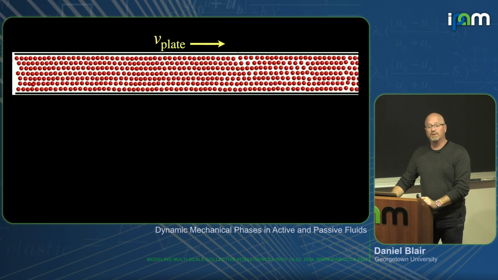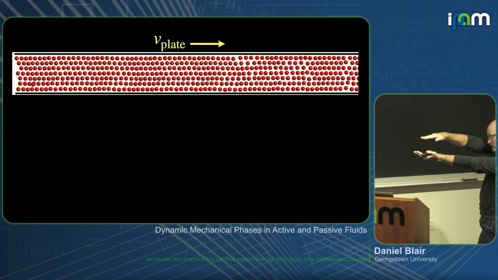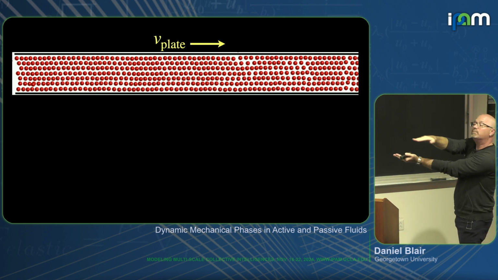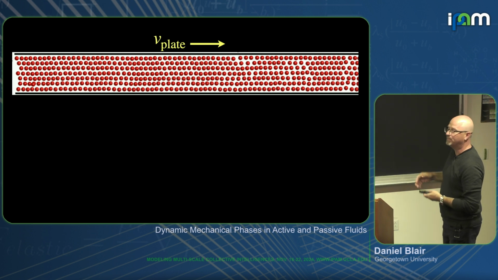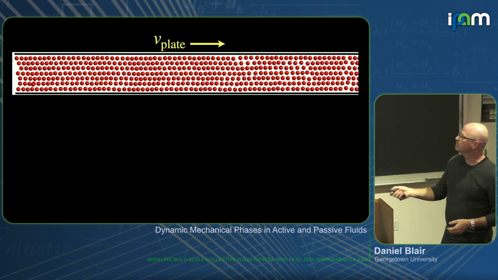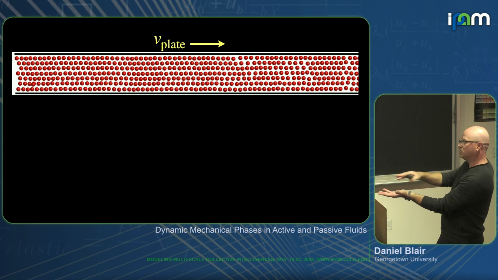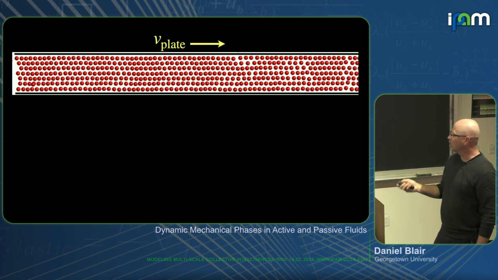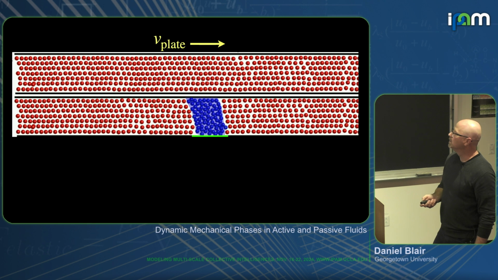Here's a simple-minded picture. Now you're looking from the side. So instead of looking down on the top, which is what we've been doing, I'm going to show you a side profile of what I think is happening. So this would be the top plate, sort of moving to the right in this case. So I'd be shearing it around. I'd take it and I sort of unfurl it. And I ask, well, what happens to these particles? There's a solid-like event that occurs. This is a solidification event.